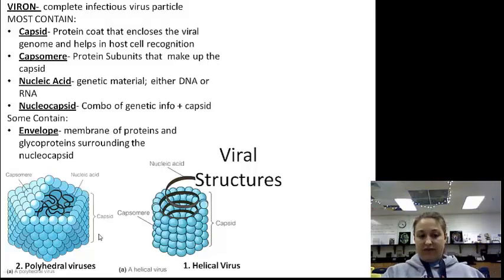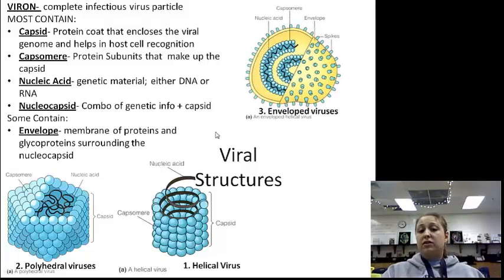Polyhedral, again we have the whole capsid made up of the capsomeres, and we've got the nucleic acids inside. Makes sense. Next, we have the enveloped virus. We've got the nucleocapsid inside, which is our capsid with our nucleic acid inside, made up of the capsomeres. And then we've got an envelope around it.